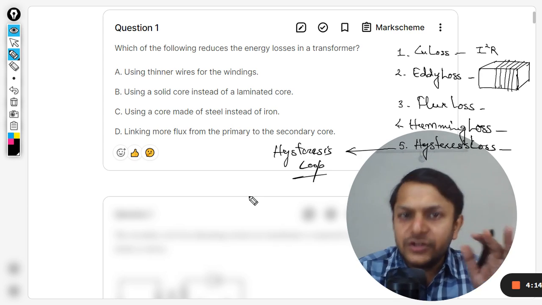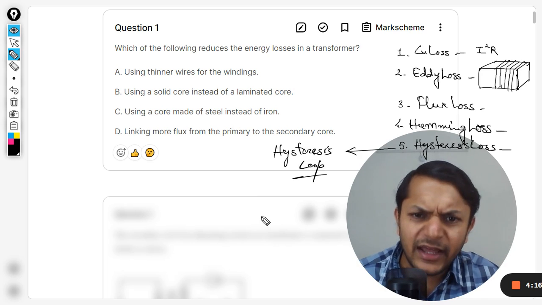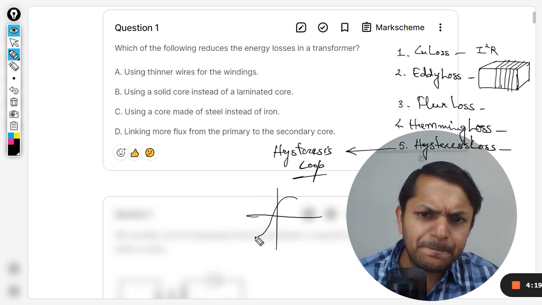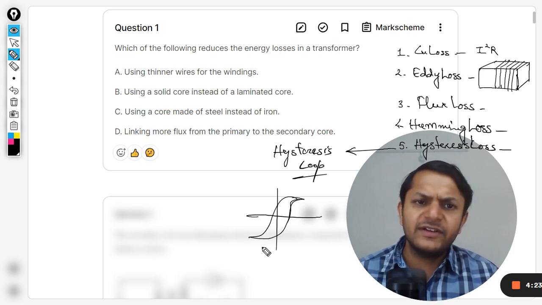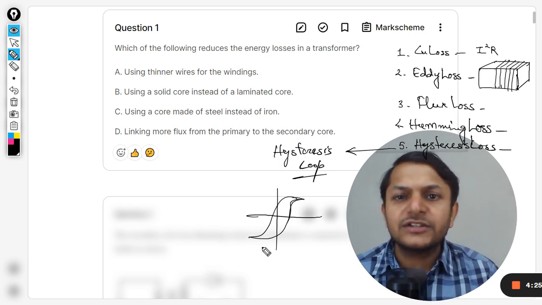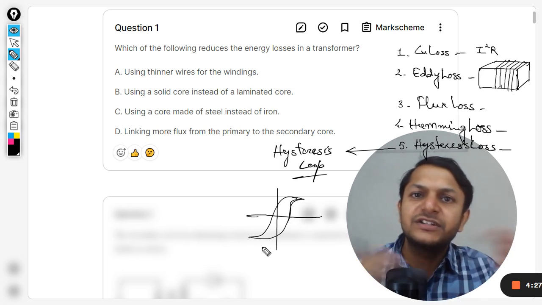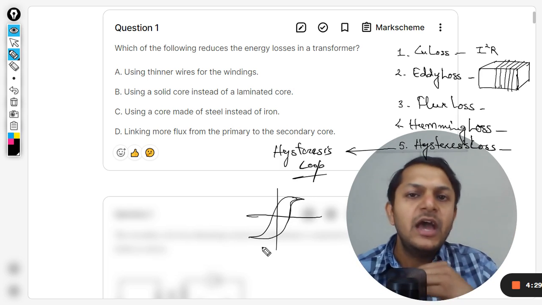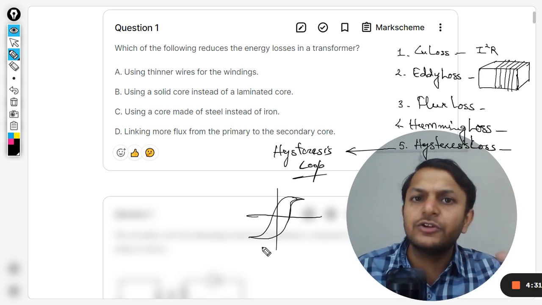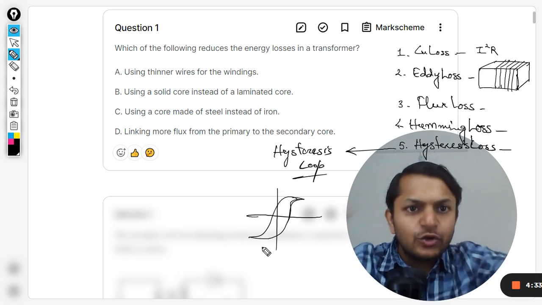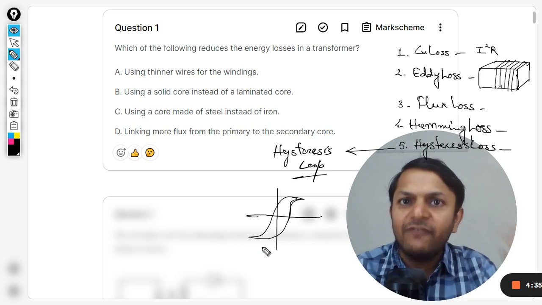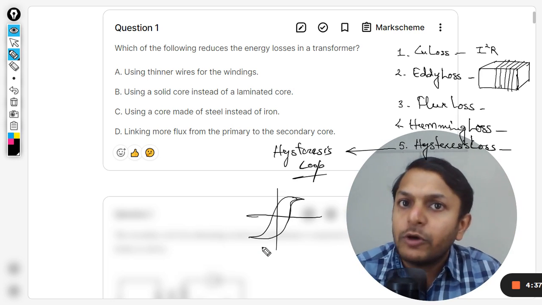Now this is not in your syllabus. You people have not read it, I believe. It looks something like this. But if you know it, anyways, it's good. So hysteresis loss happens when the magnetism is reversed every time, like this time and this time. Need not go into details. So these are the total number of losses which can ever happen when you talk about the transformer.